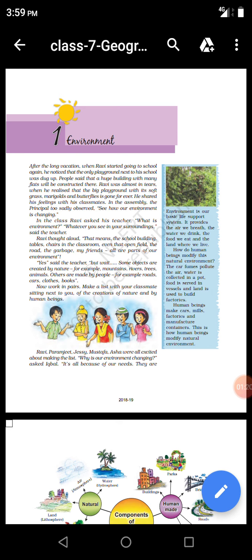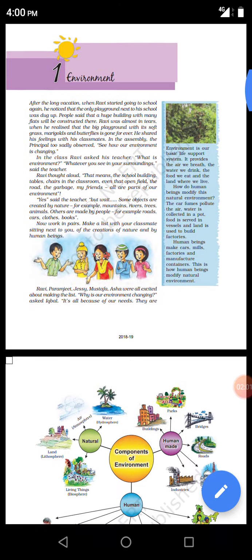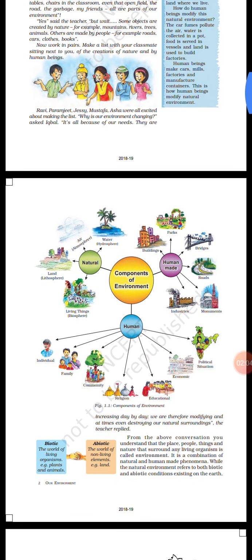The natural environment comprises biotic factors, which means living organisms such as plants and animals, whereas abiotic conditions refer to the non-living substances just like land, water, air, etc. Whereas the man-made phenomena comprise the activity and interaction among the people or the human beings.